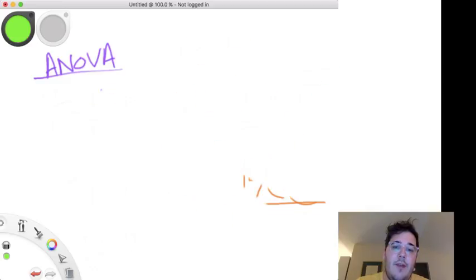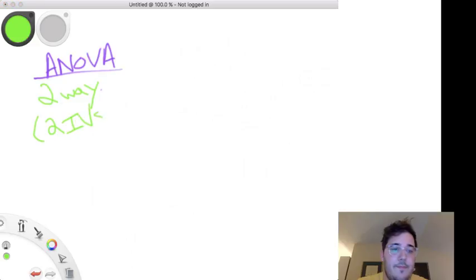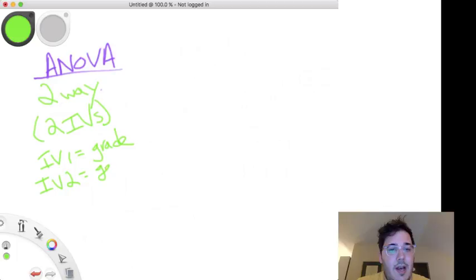So two-way ANOVA is a little different because now you have two IVs, right? So moving on to two-way ANOVA, which means two IVs. So let's say IV1 equals grade, and IV2 equals gender.